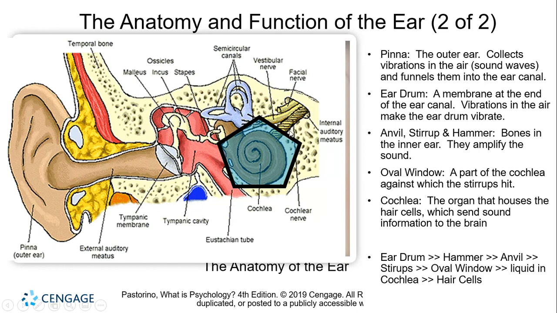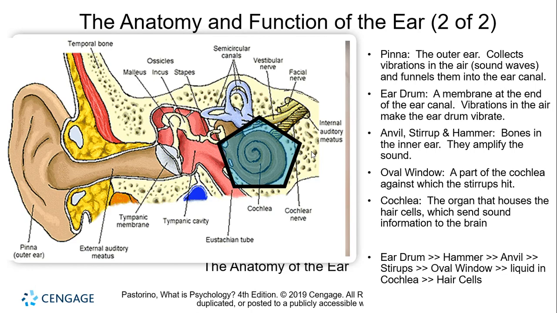So the implant then collects the sound information and sends it via the cochlear nerve to the brain. But if your cochlea and your cochlear nerve are attached correctly, then that information is sent through from the ear to the brain.